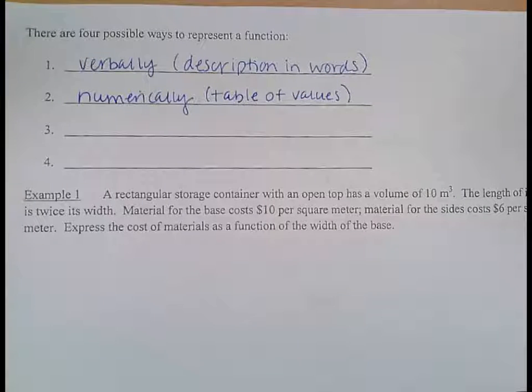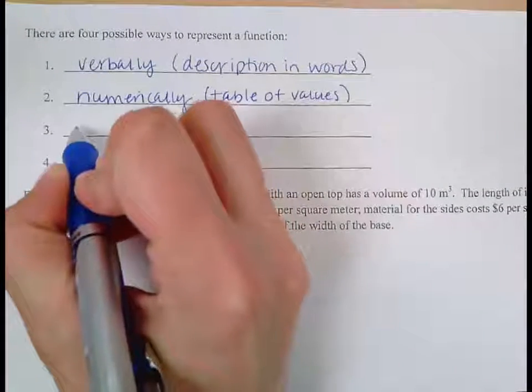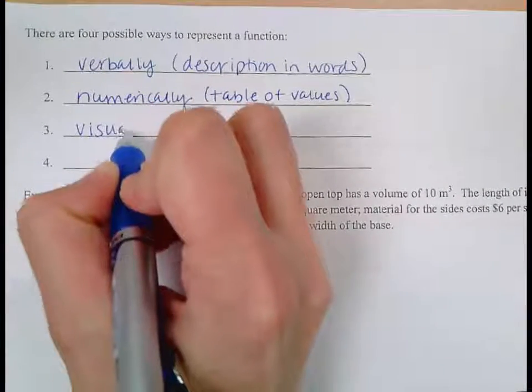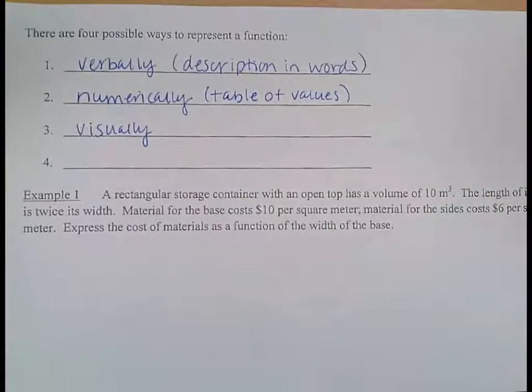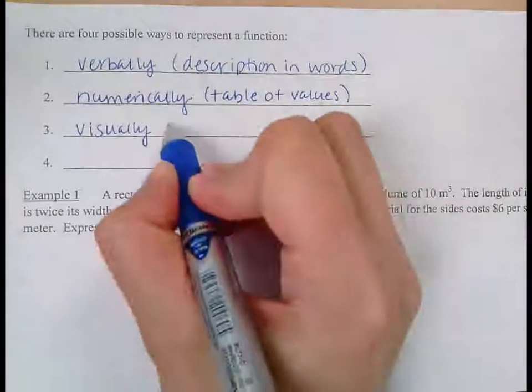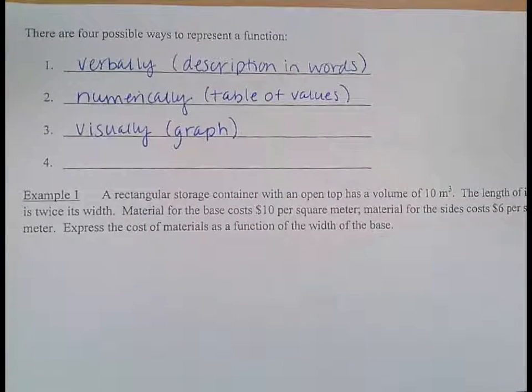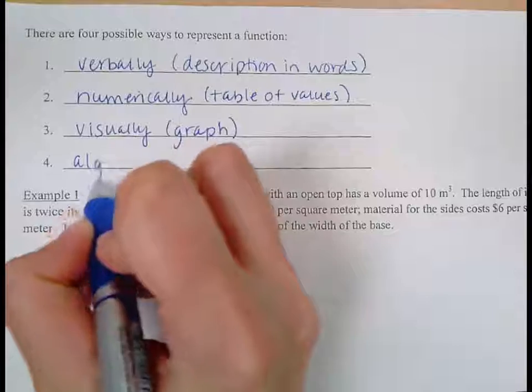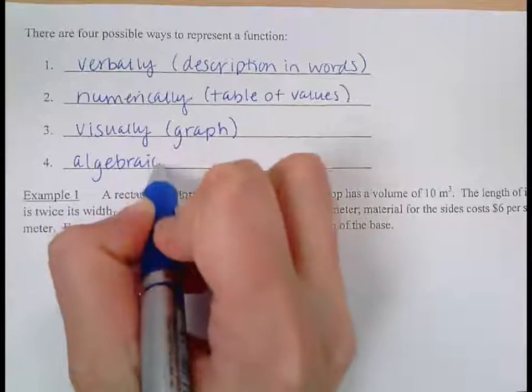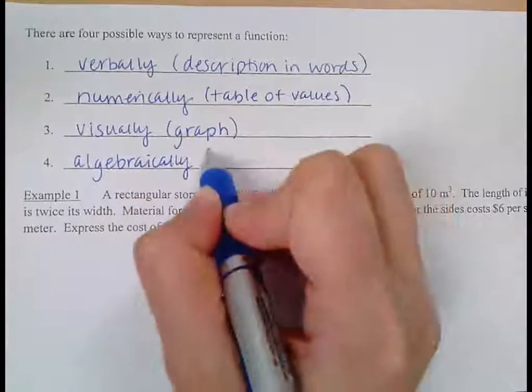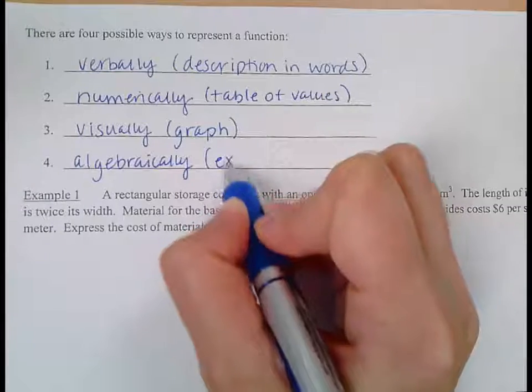That table would be a numerical representation of the function. And then there's representing it visually, and that would be the graph. And the last one is representing it algebraically, so that would be if you have an explicit formula.